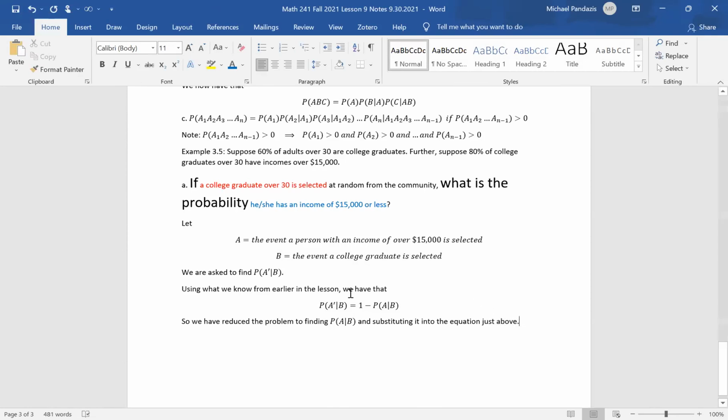We just need to find this probability and plug it in here. 1 minus that is the answer to the probability you're asked to find in A.